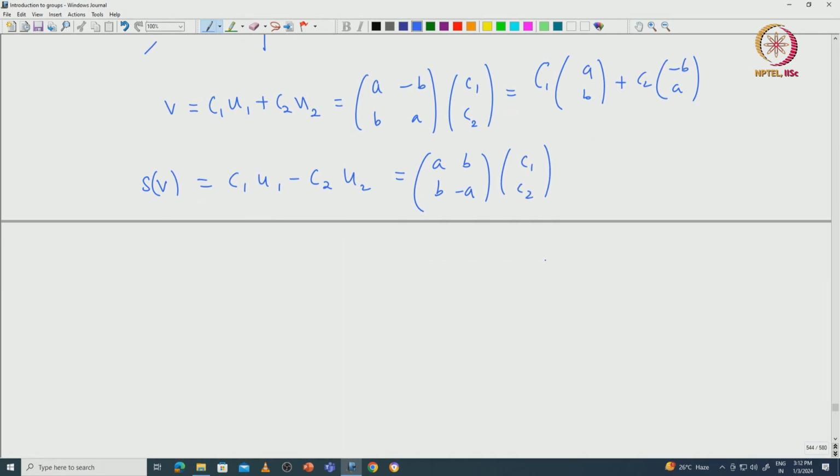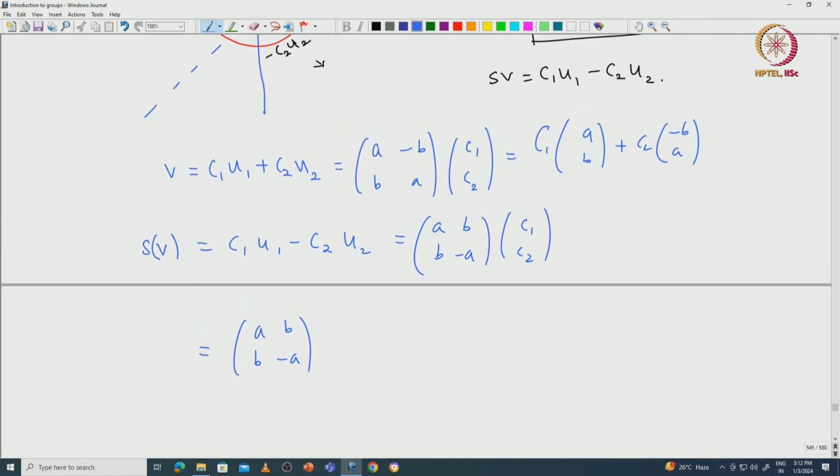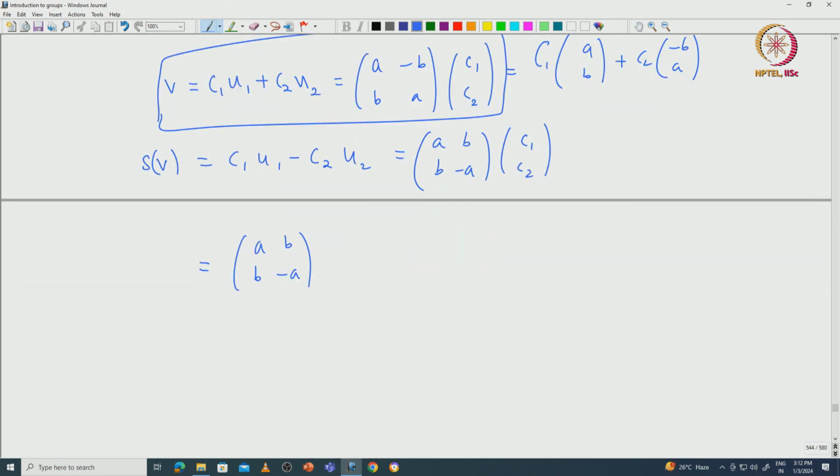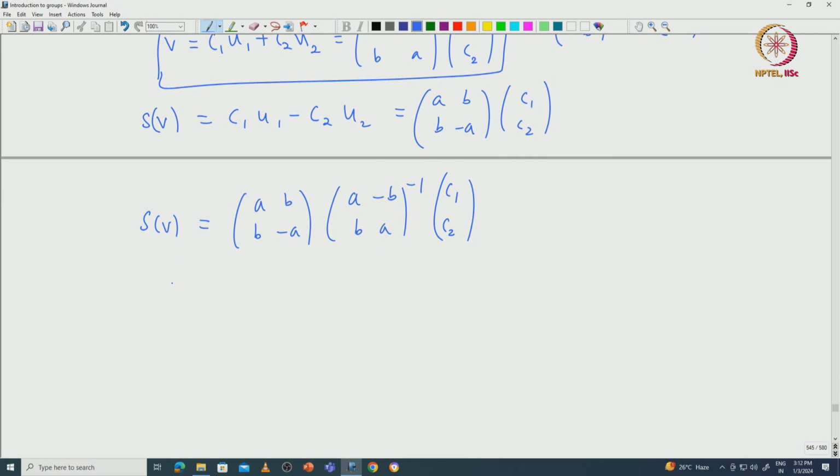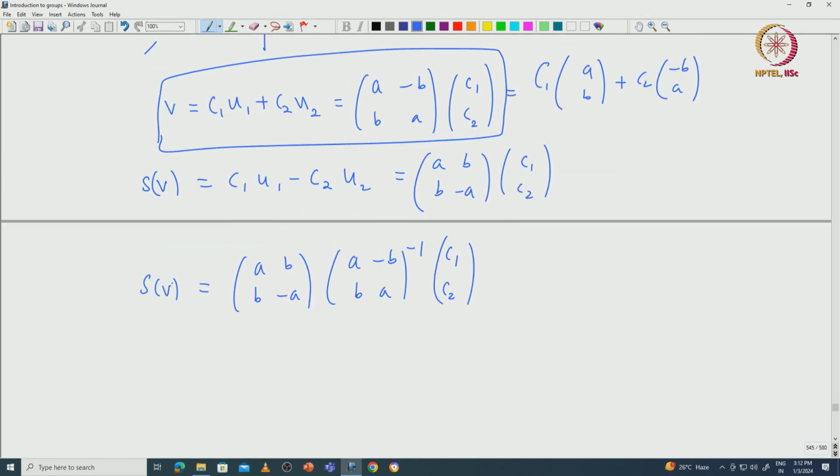Okay. So, now if you work it out, you can see that this is exactly equal to AB, B minus A, times, because this V is exactly this A minus B, B A acting on C1 C2. So, you can invert it. So, you write this as A minus B, B A inverse times V. Basically, you are rewriting everything in terms of this V, replacing C1 C2.